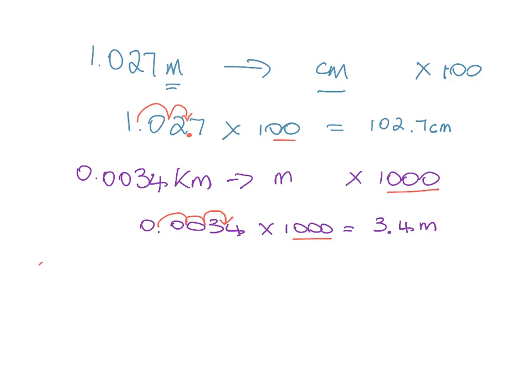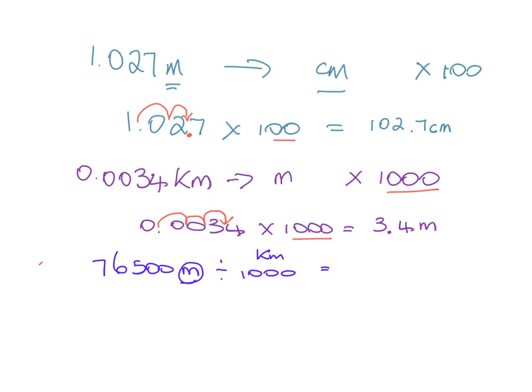Okay, let's do another one. We have 76,500, and that is in meters. Okay, oh, let me rub that out. What we want to do is divide that by 1,000, because we want to turn this into kilometers.